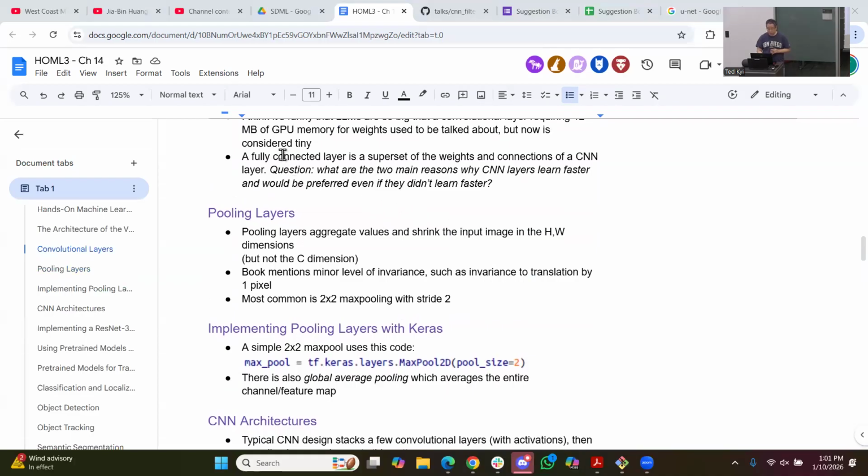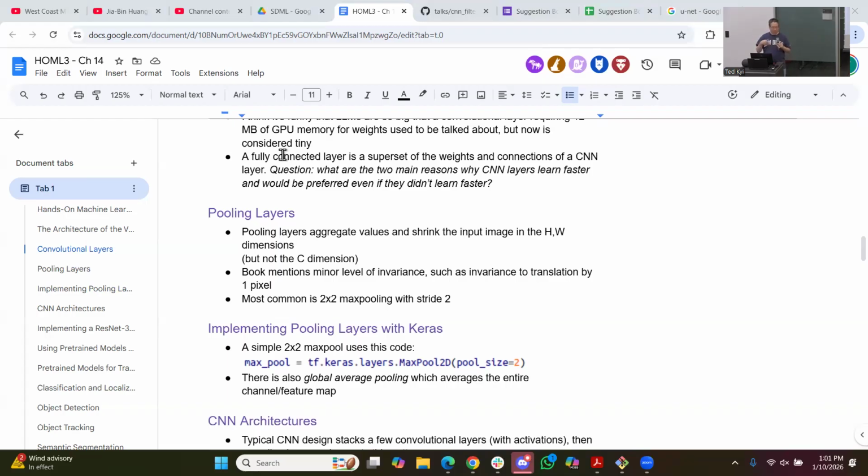So a fully connected layer is a superset of the weights and connections in a CNN. The CNN actually has massively fewer. If you have a 256 by 256 image, every neuron in the output can have 256 squared connections, but in a CNN, it can only have 9.